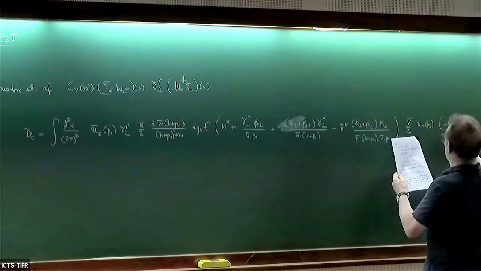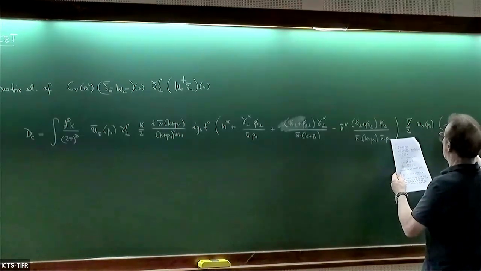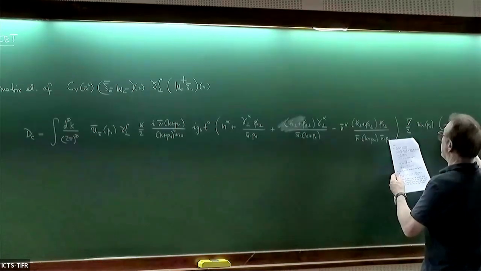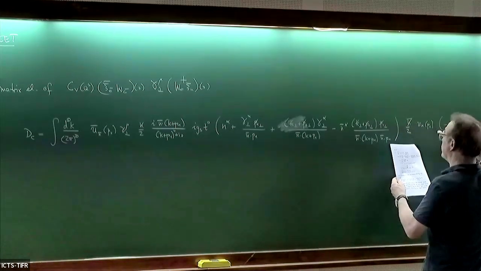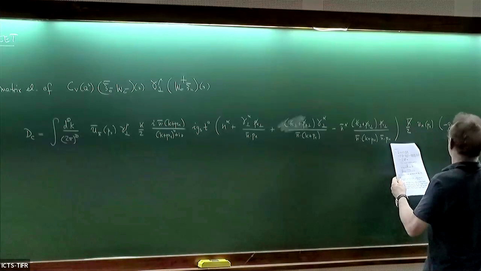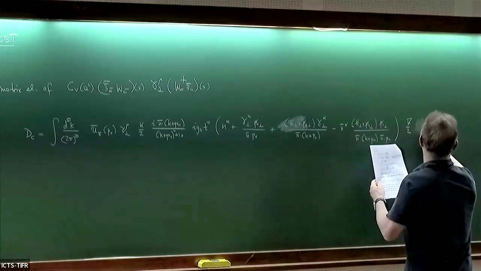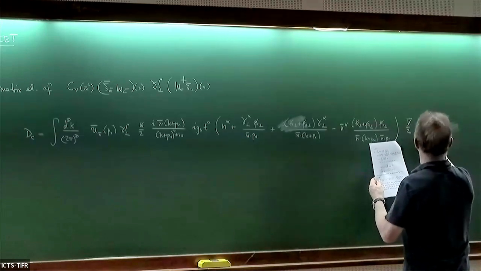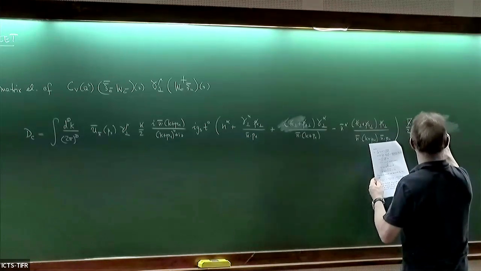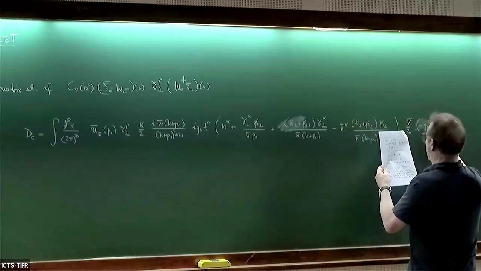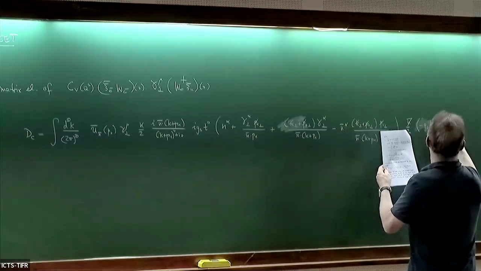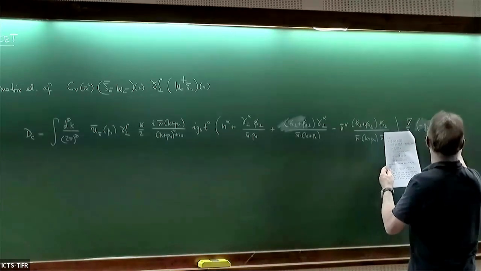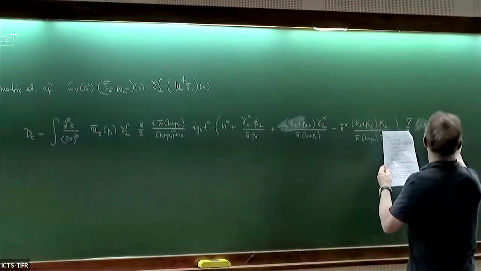T^A, minus g times, I have to be careful with this spinor, it needs to come later, sorry, minus g times T^B times n bar beta over n bar dot k.